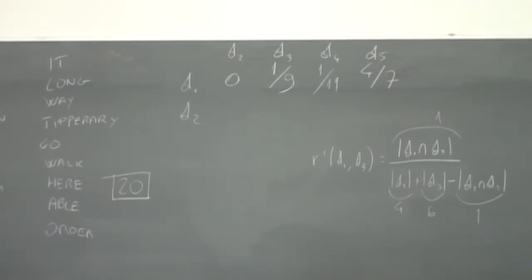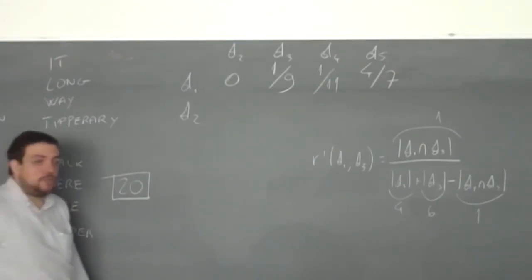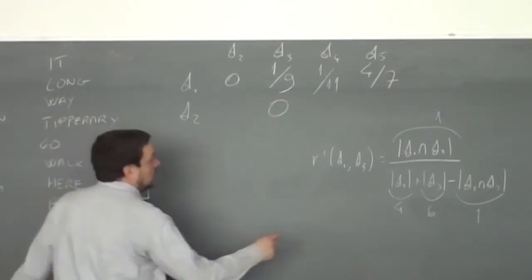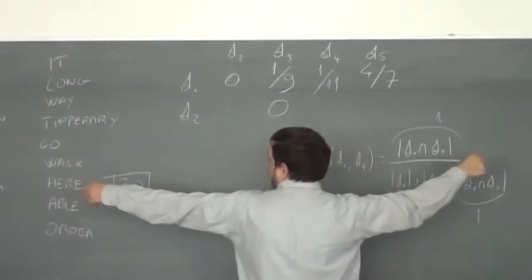So here it looks a lot like 0 to me. Maybe it is. Yes. Okay, there are no common terms between D2 and D3. D2 and D4.